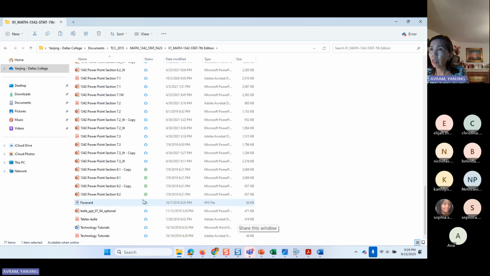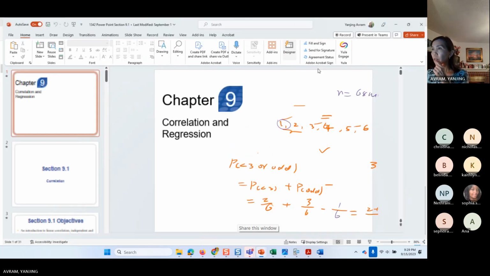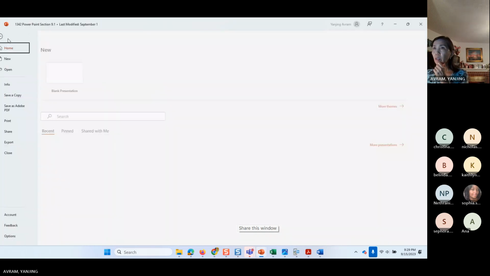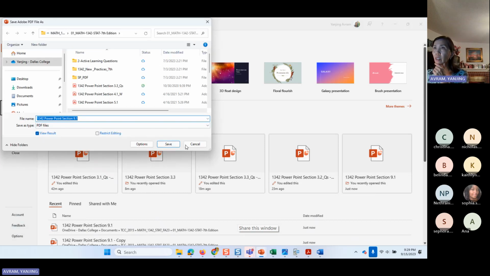Okay, I don't have a 9.1 PDF in here. So let me save it into PDF to see if we can get rid of that mark.